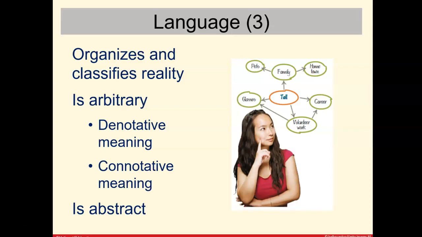Denotative meaning refers to the lexical or dictionary meaning of a term, while connotative meaning is the meaning that a particular group or subgroup of culture gives to a word. And as we said about arbitrary, this is also abstract in certain respects.